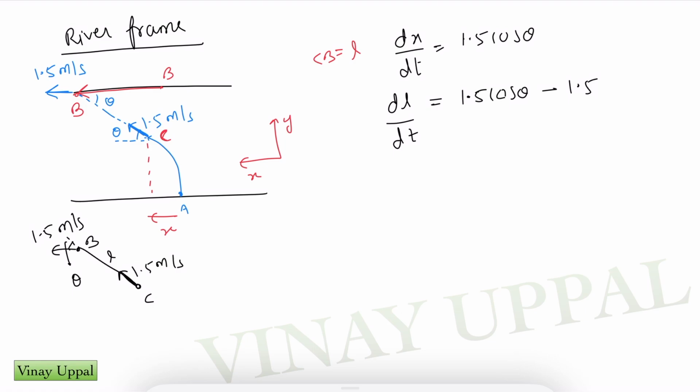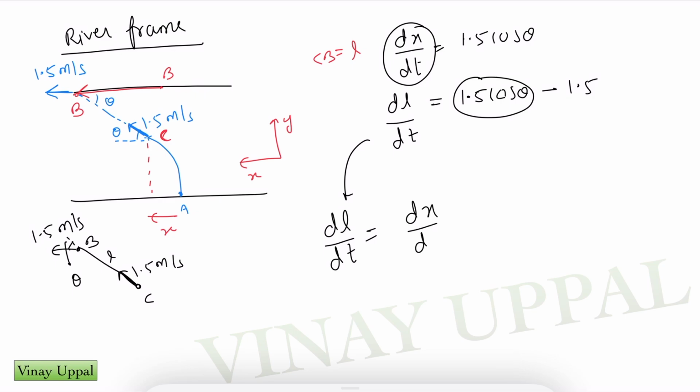But first let me eliminate cos theta, because 1.5 cos theta is nothing but dx by dt. So I can write dl by dt is equal to dx by dt minus 1.5. So dl is equal to dx minus 1.5 dt.